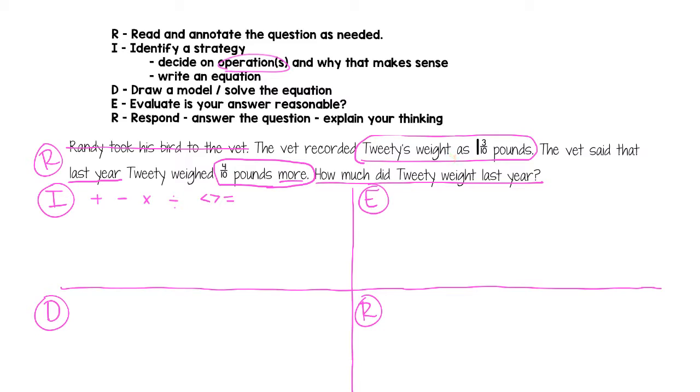Tweety's weight is 1 3/10 pounds. But last year, Tweety weighed 4/10 pounds more. How much did Tweety weigh last year? Are we comparing how much more Tweety weighs? No, we're not. So, we are not actually comparing, even though the word more is in the question.